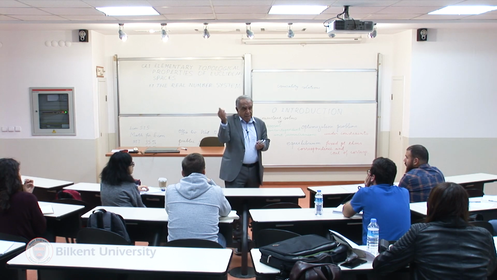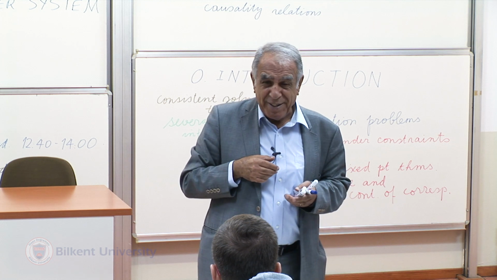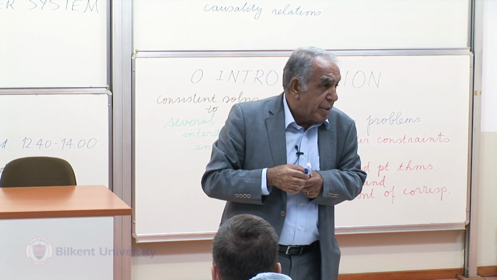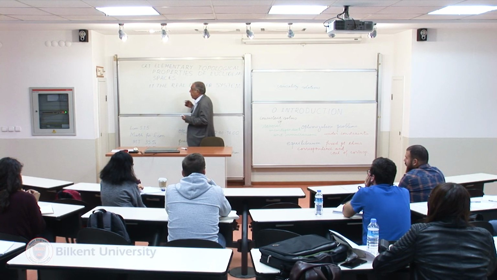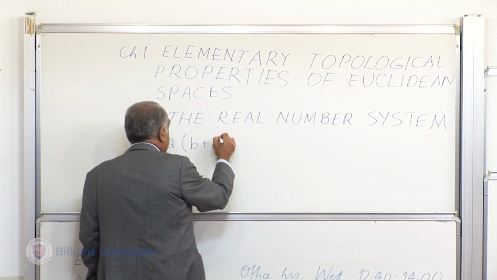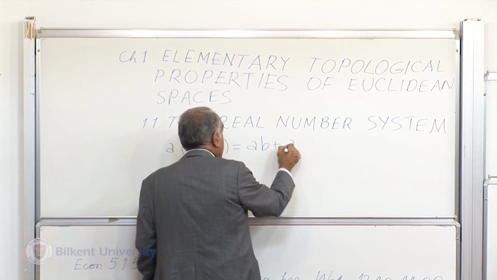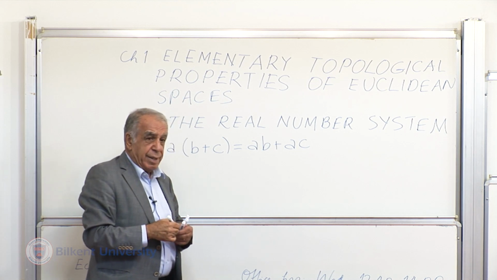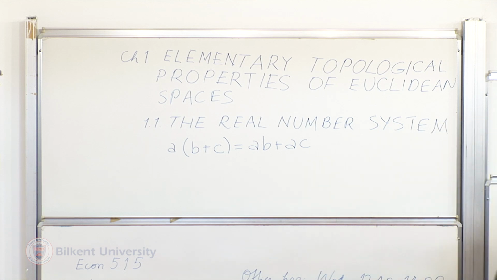What is the connection? That's something which we learned in elementary school. It is the distributive law. If you have three real numbers, A times the sum of B and C is equal to AB plus AC. This is the connection which connects the two structures. This, of course, is derived from nature again.